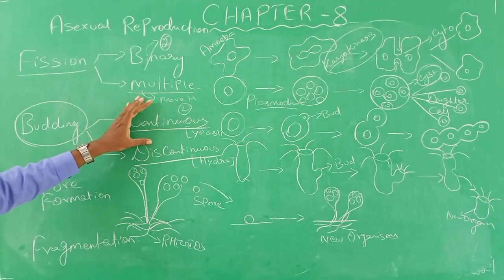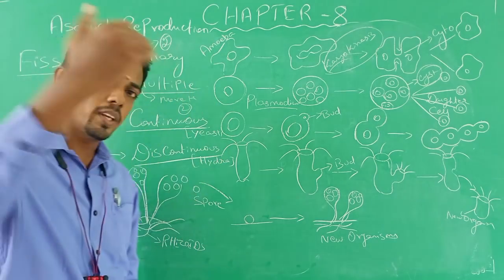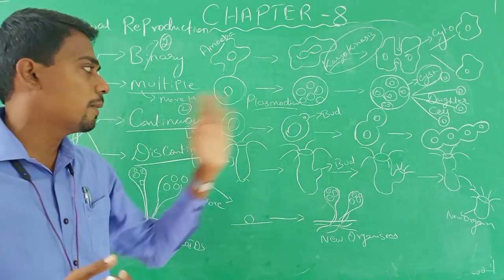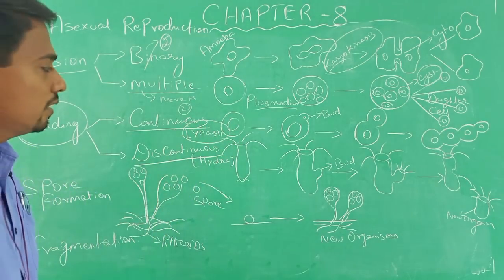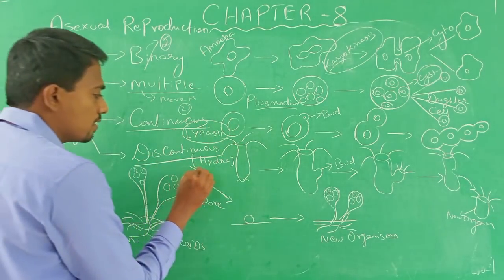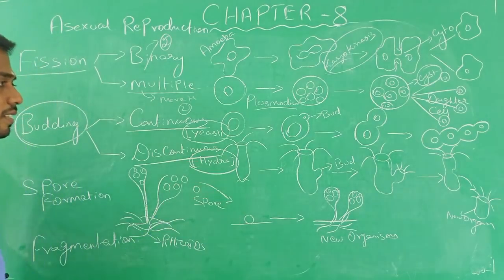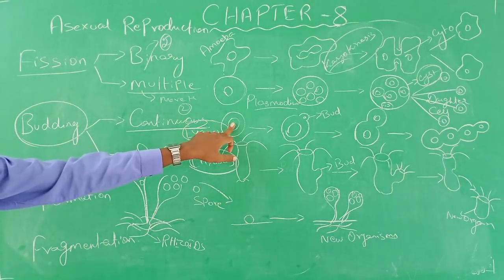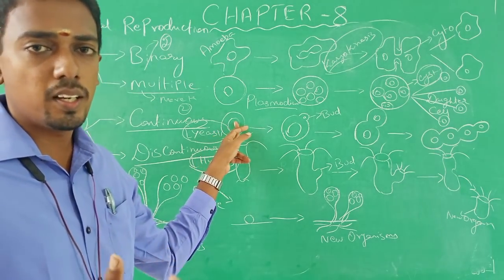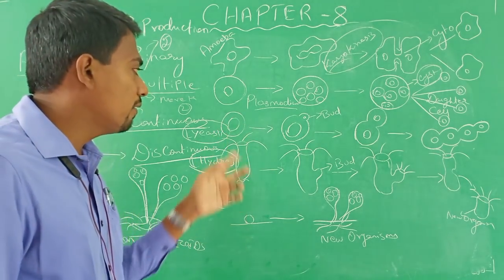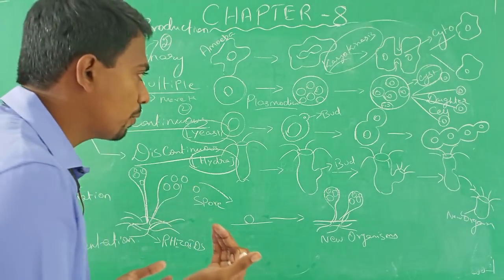We know that continuous means it keeps growing attached to the parental cell. The best example we are going to discuss is yeast, and for discontinuous it is Hydra. Yes. So now you see it's a yeast cell, and the yeast cell prepares by getting more nutrients and a favorable environment for producing a bud.